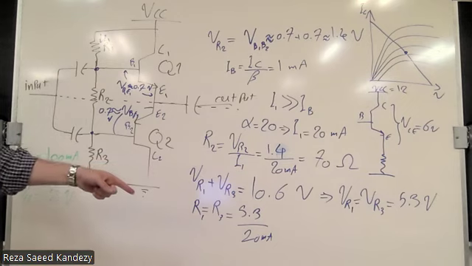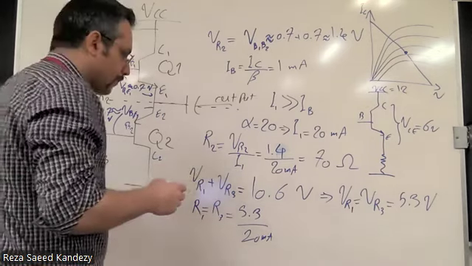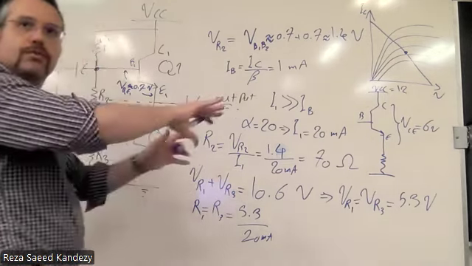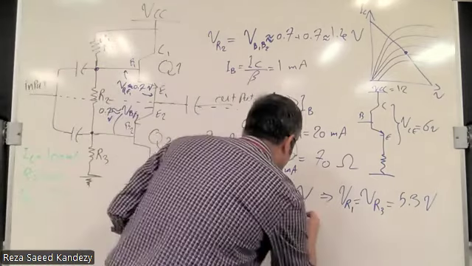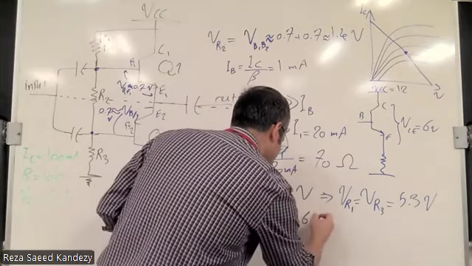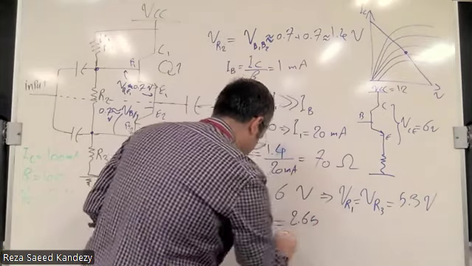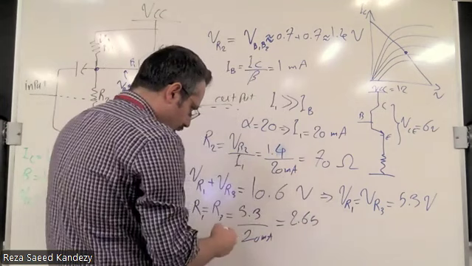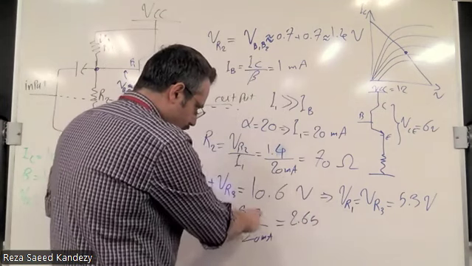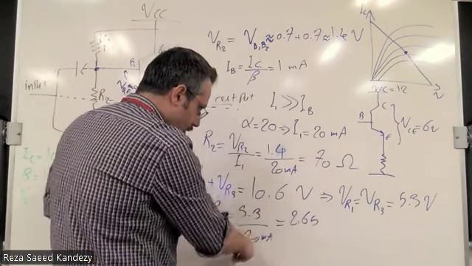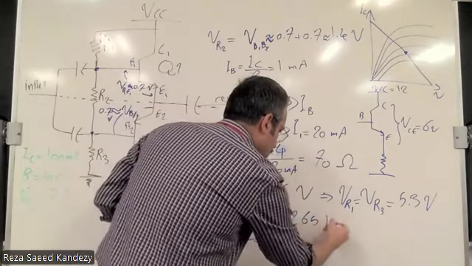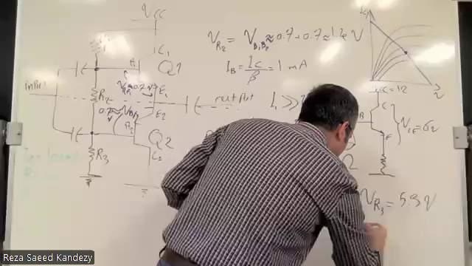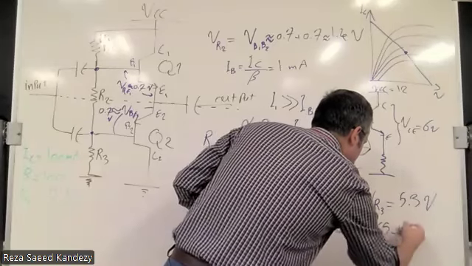Can you see that? I'm going to move it. Yeah. Which is 2.65. Right? Am I right? 2.65, but there is a 10 here, so 0.65 kilo or 265 ohm.